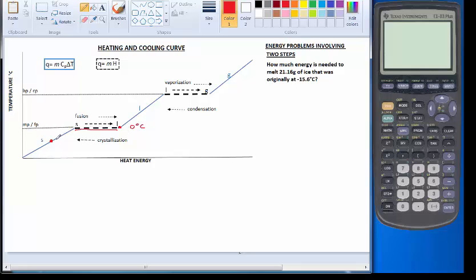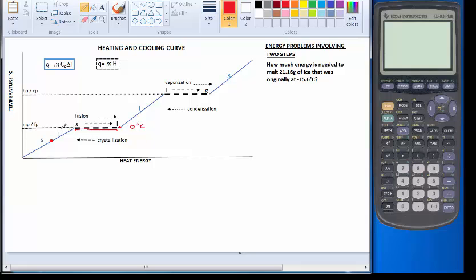By looking at the number of lines in between the two dots that we've placed on our heating and cooling curve, we can see that our problem is going to involve two steps. One of the steps is going to be involving changing the temperature of our ice from negative 15 degrees Celsius to 0 degrees Celsius.